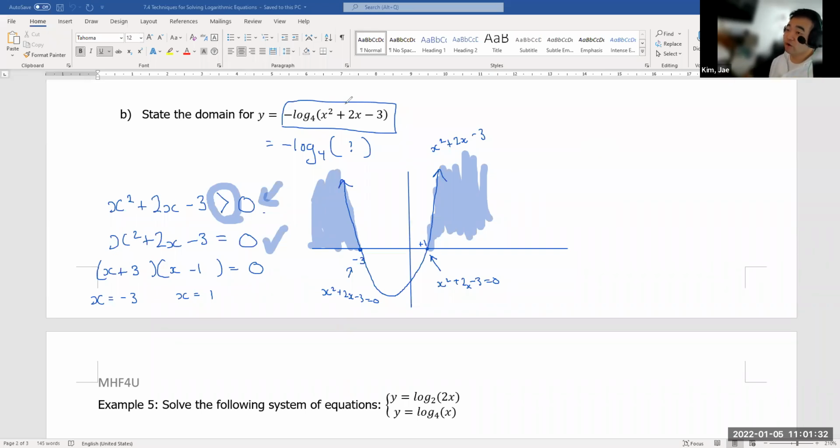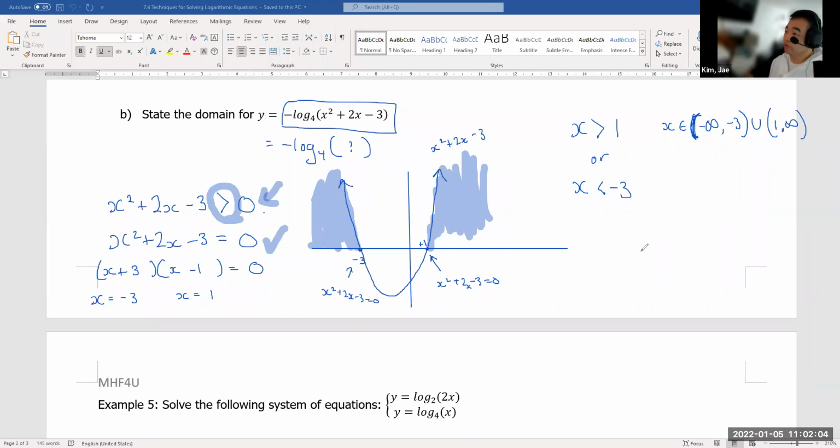Well, if this logarithm is to work, x must be greater than 1 or x must be smaller than negative 3. Another way you can write that is x belongs to the interval of negative infinity to negative 3, union 1 to positive infinity.